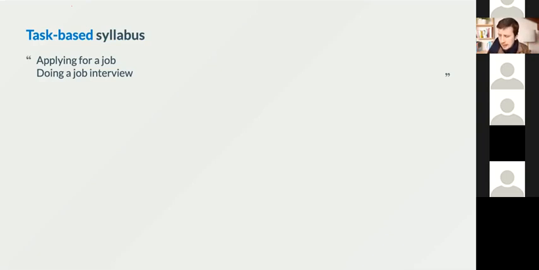So you can also organize your class in terms of tasks. Things like applying for a job. Applying for a job is not a specific function. Inside this task, you will do multiple types of functions.